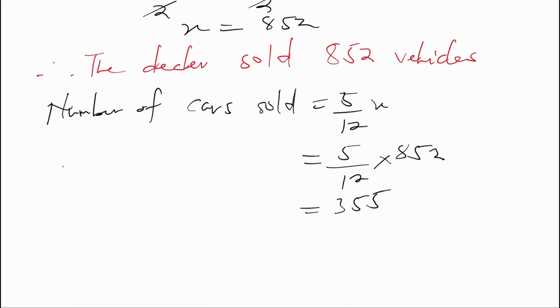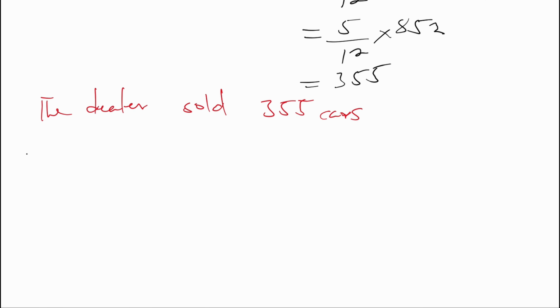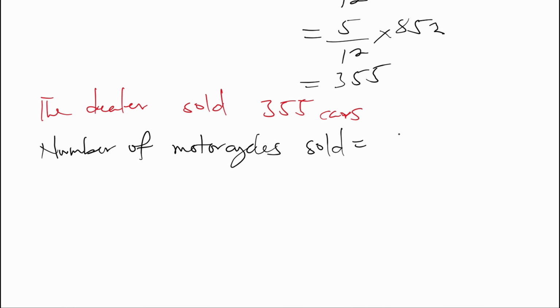So we can say that the dealer sold 355 cars. Now to find the number of motorcycles sold. The number of motorcycles sold would be equal to 7/12x, but x is 852.